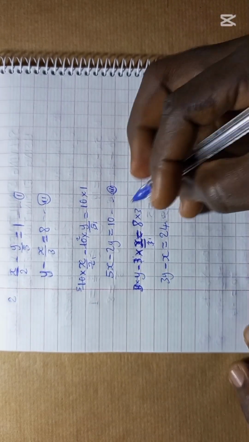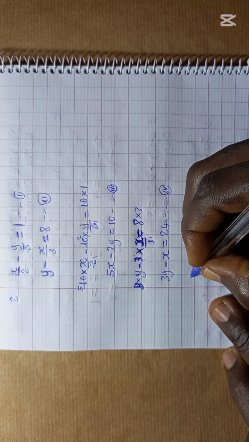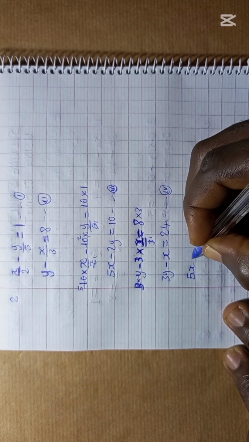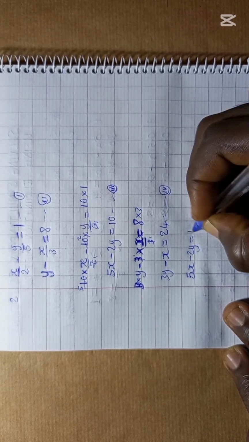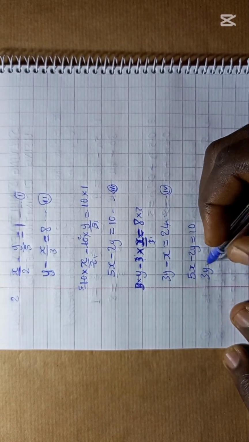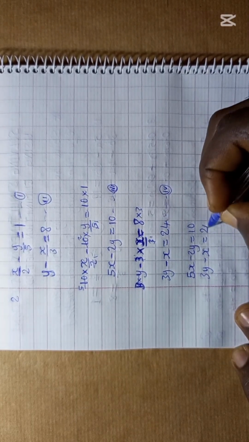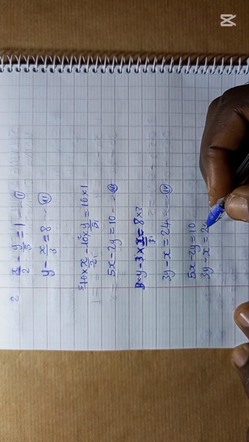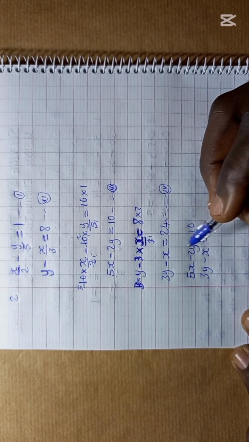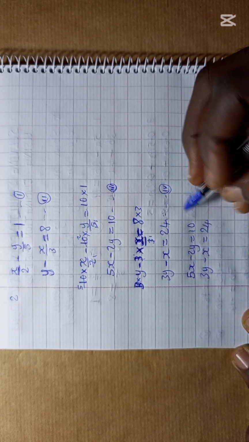So let me align these two together. So we have equations 3 and 4: 5x minus 2y is equal to 10, and 3y minus x is equal to 24. Now if you observe very well, since we are using the elimination method and the letters are not aligned, I'm going to realign the letters.